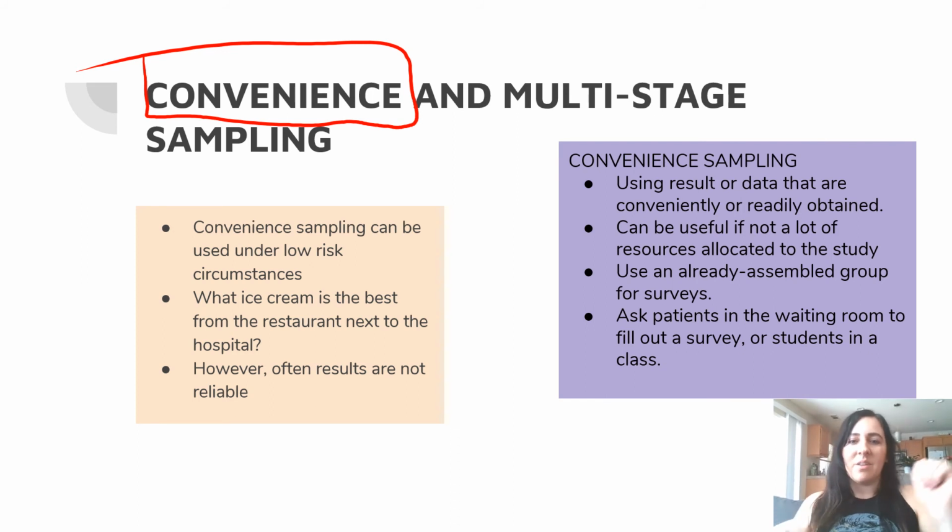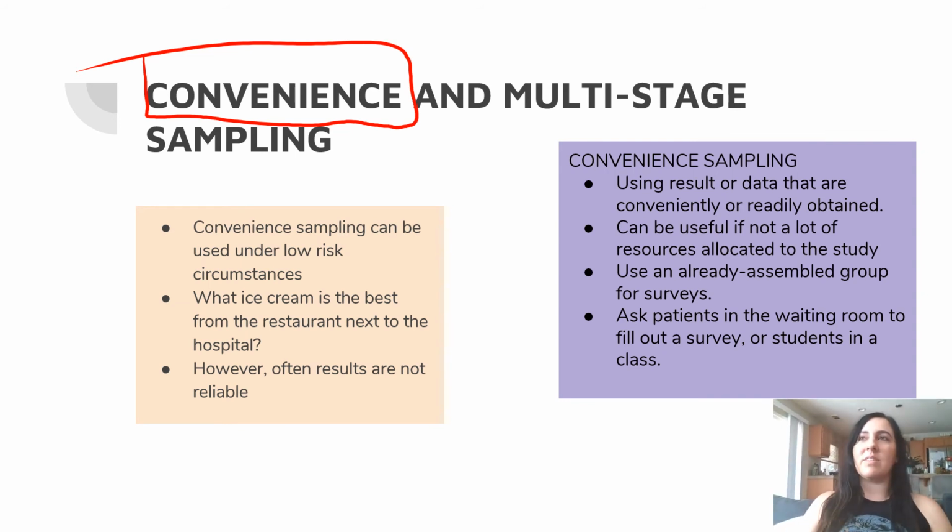So if you're in a situation where this is convenient for you, this is a great way to collect data. The results are not always going to be reliable, because if this sample is supposed to represent a population, like the population of all of San Bernardino, let's go back to the which ice cream is best example.